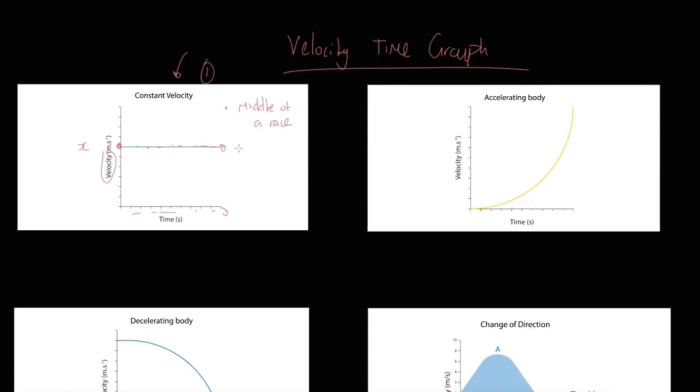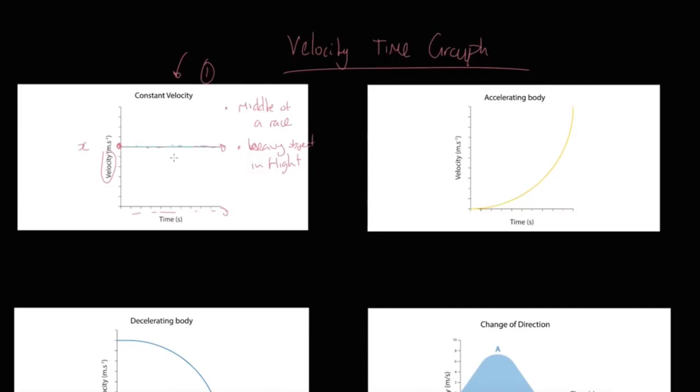We could also look at a heavy object in flight, something like our shot example, or a long jumper traveling through the air would be a good example as well.